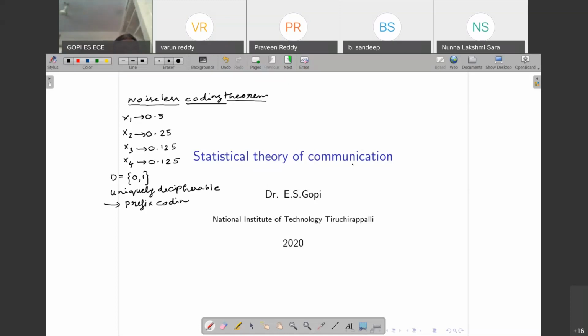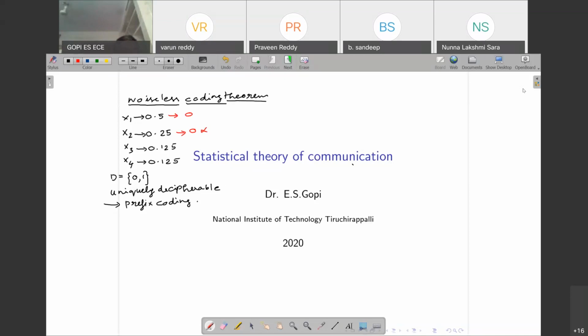Suppose I assign 0 to x1, then x2 should not start with 0. If that is the case, we cannot say it is uniquely decipherable. So if it is a prefix code, it is going to be uniquely decipherable.